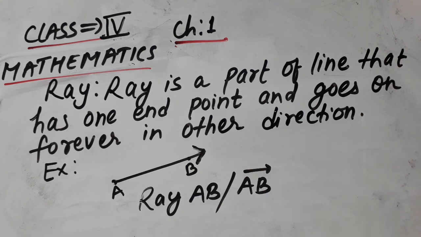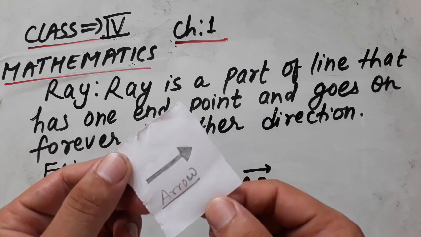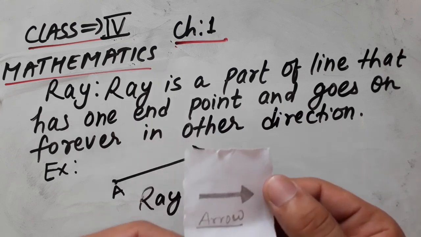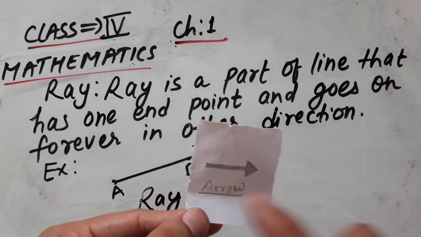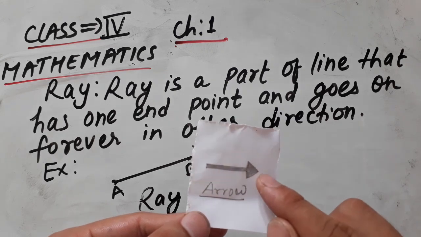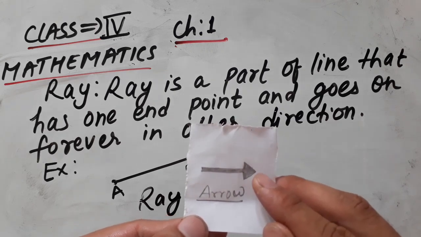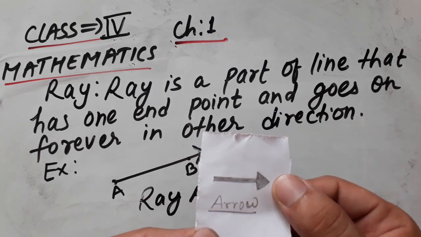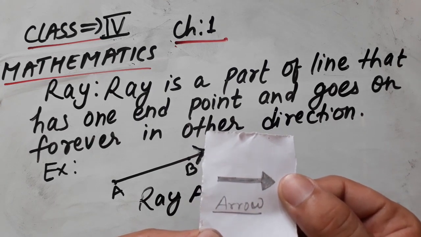So students, I would like to give you one more example. This is an arrow. An arrow has also got one end point and another arrowhead. So therefore, arrow is also considered as ray.